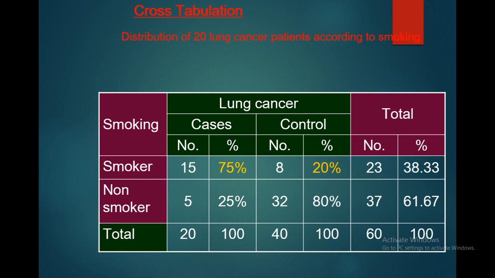Here we classify the data according to lung cancer. The persons who have lung cancer and the persons who don't have lung cancer, and these are smokers and these are non-smokers. So this is the basic classification, cross tabulation.